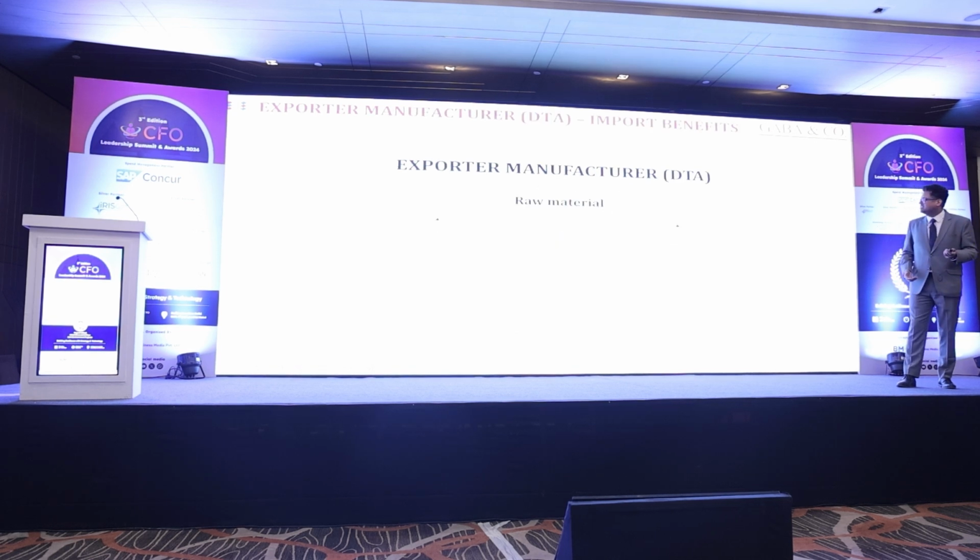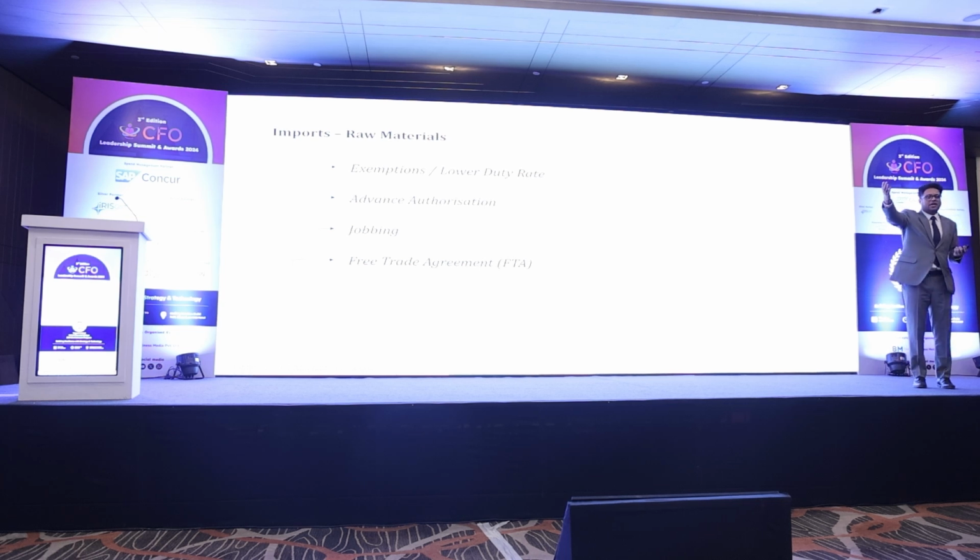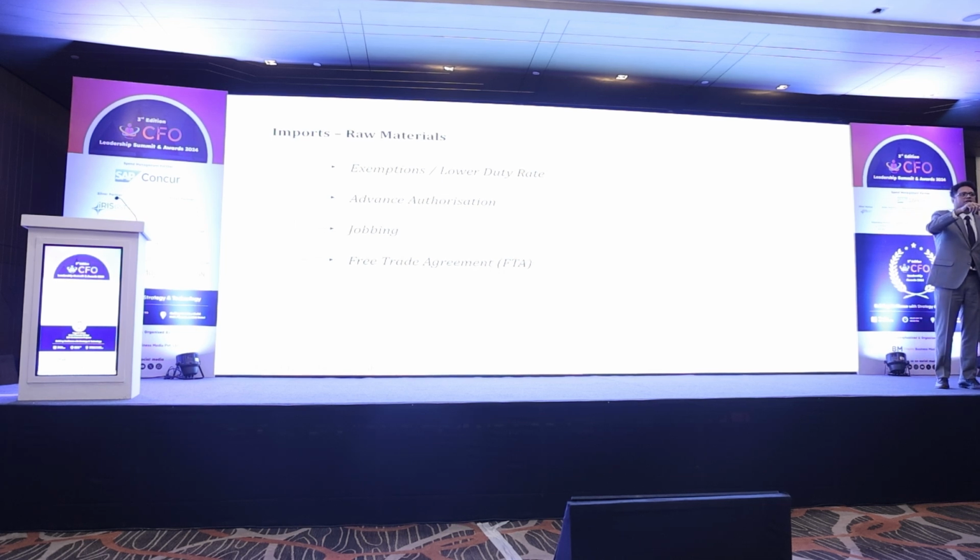If you are a DTA unit, for raw materials, you have exemptions, advance authorization, jobbing exercise. For example, your importer who is sitting outside India is supplying raw materials to you. You just have to assemble those raw materials or maybe work something and send back to the supplier. That is called jobbing exercise. So you can avail all the duty exemptions.